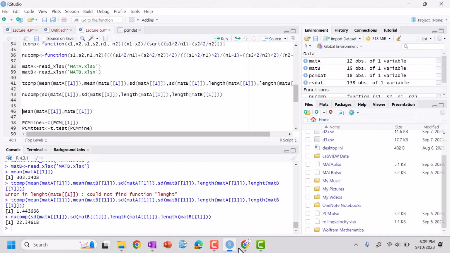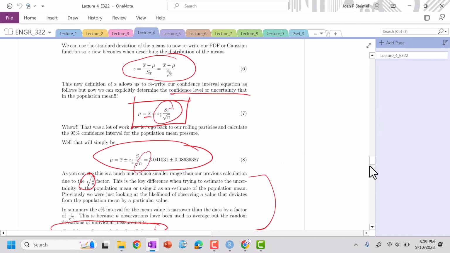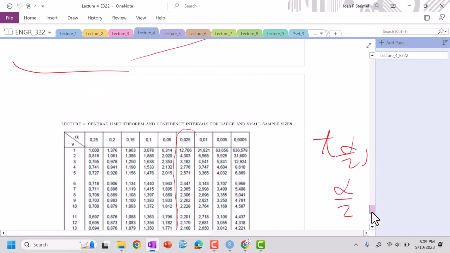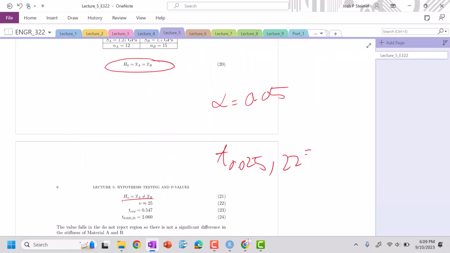So for this, t of 0.025 with 22 degrees of freedom is equal to 2.074. My t experimental is approximately 1 something. So that is a do not reject based on my math.